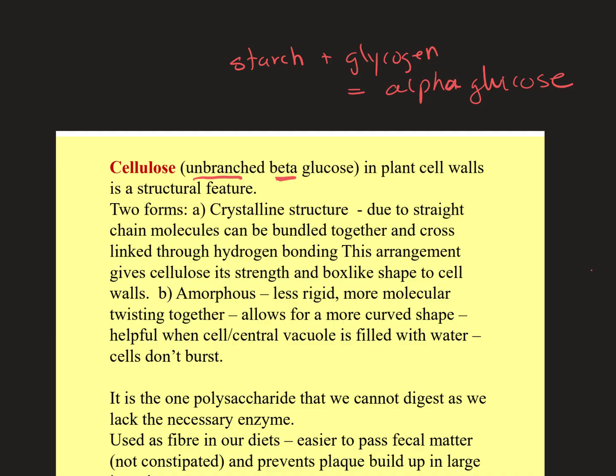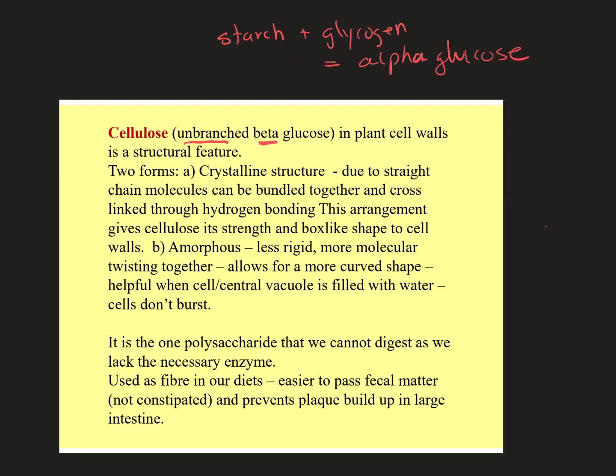So cellulose goes with the beta glucose. Remember, that is where the hydroxyl group on carbon number 1 is on the top part of the molecule, rather than being the bottom half of the molecule, if you will.